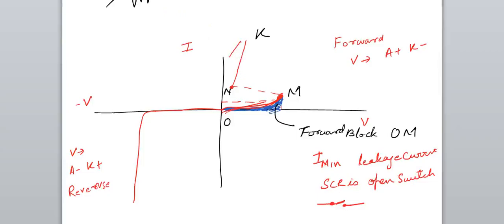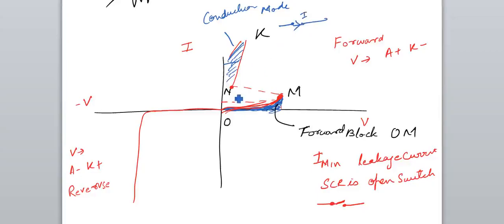Next, from the blocking state, this is our conduction mode. Now in this conduction mode, if you see, the current is very high compared to the blocking mode. So obviously the switch is on, with current flowing across the switch.